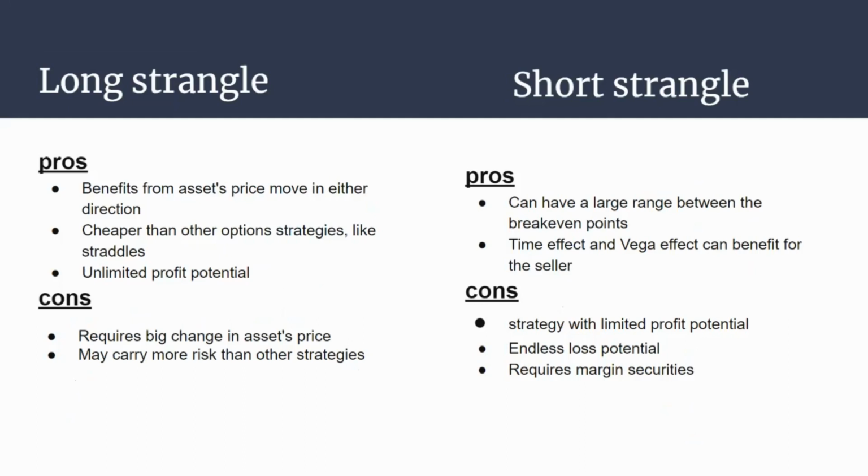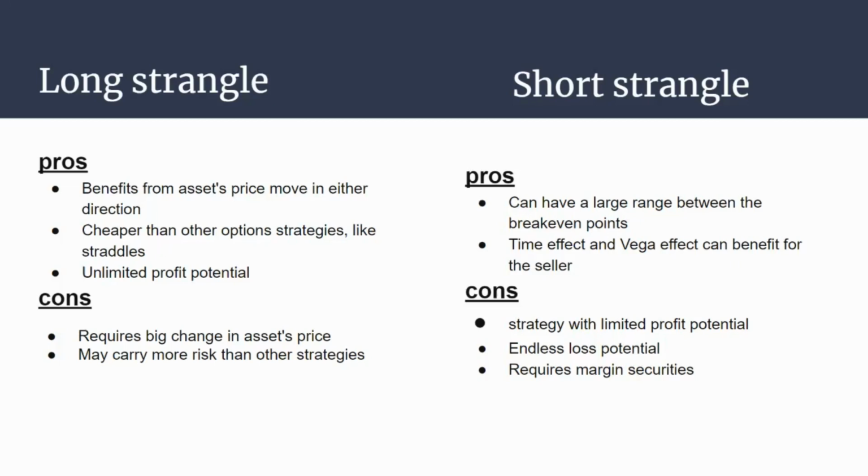The cons aside, it's cheaper than other option strategies like the straddle, because a straddle is buying those calls and puts right at the strike where the market is, and it's always going to cost you more money. It's going to be much more expensive to buy.